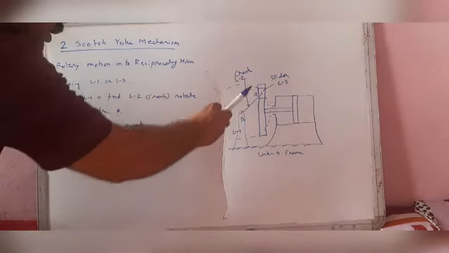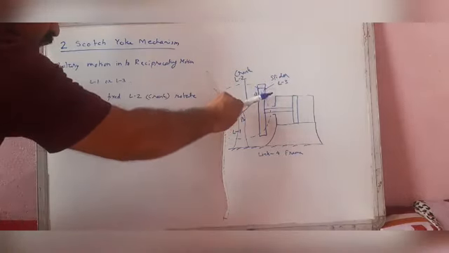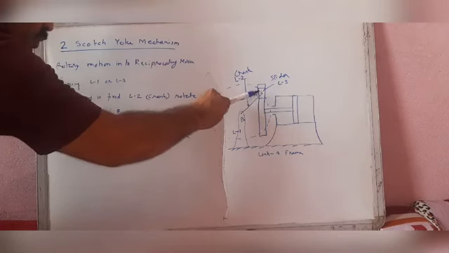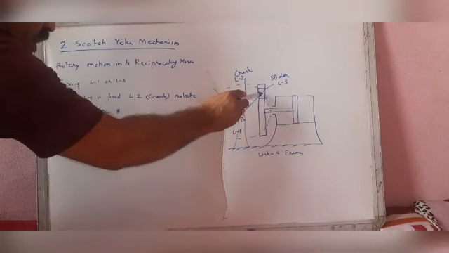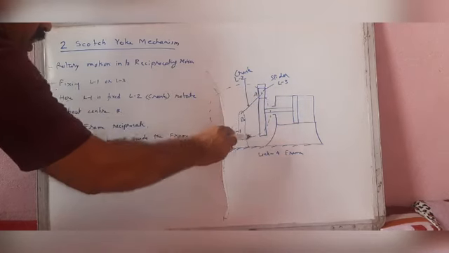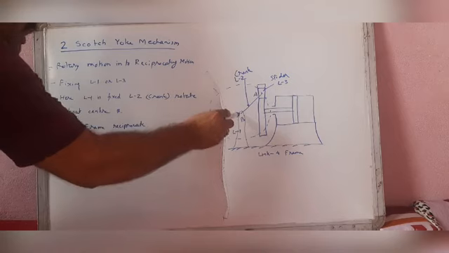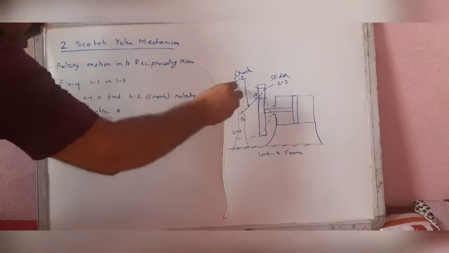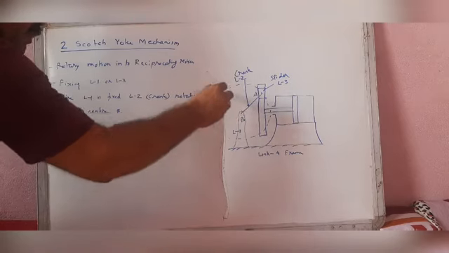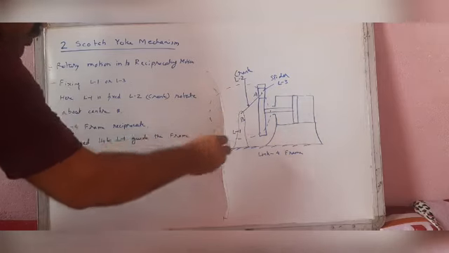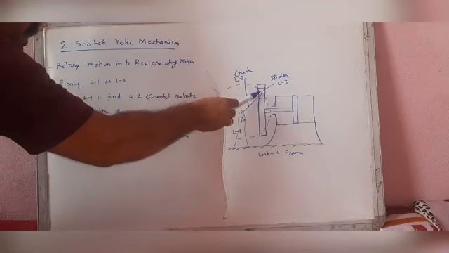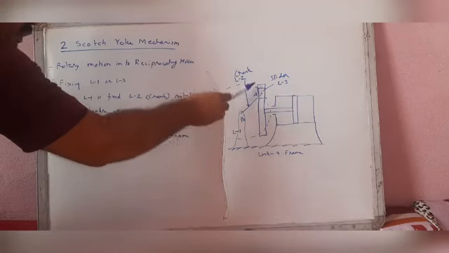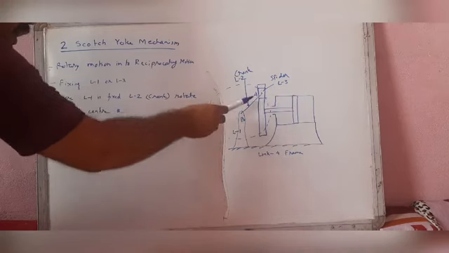In the 360-degree rotation of this crank, the slider moves up and down. Point A moves in a circle, meaning one motor is fixed that rotates this crank in rotary motion. At the same time, this slider moves up and down.